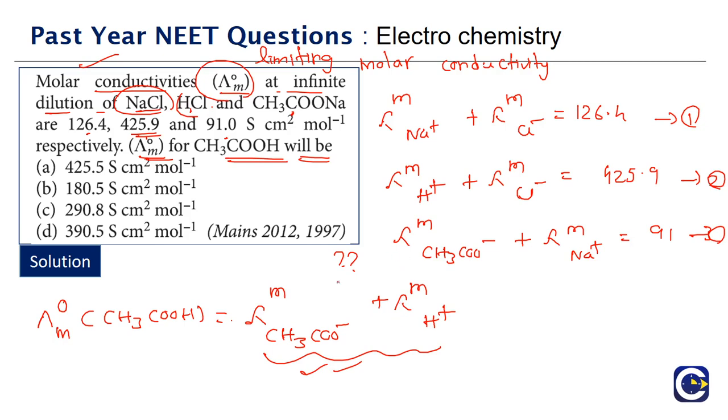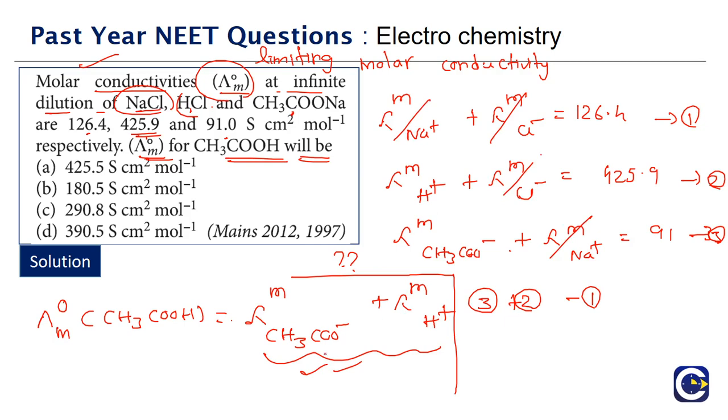If you look at equation 3 and equation 2, if we add both of them, 3 plus 2, and subtract 1, what happens? The Na plus will be cancelled, the Cl minus is cancelled. So on the LHS, we will have the molar conductivity of CH3COO minus plus the molar conductivity of the H plus.